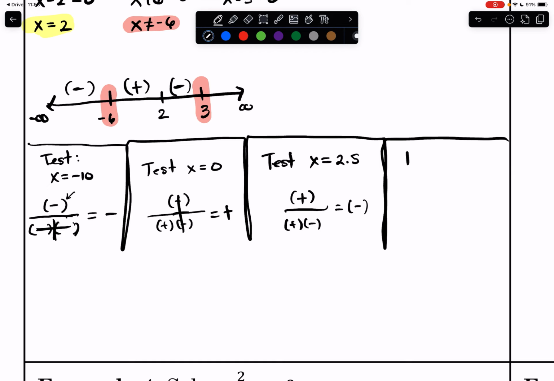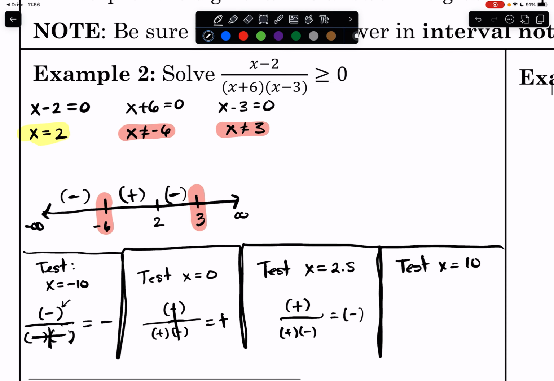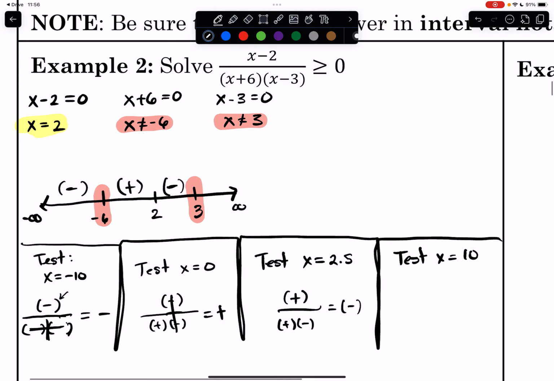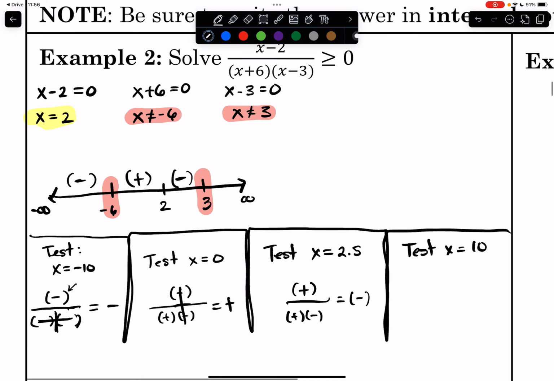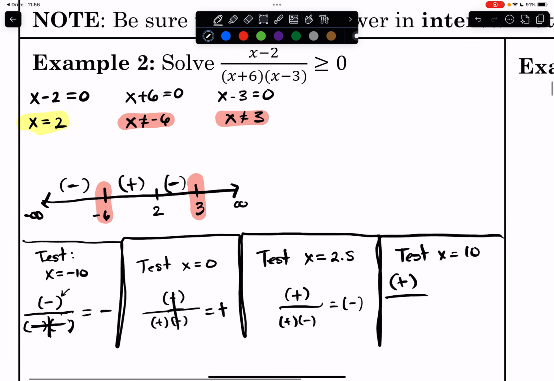Okay, so now let's test positive 10. So if I plug in 10 minus 2, that's positive. In the bottom, it'll be 10 plus 6, which is positive, and 10 minus 3 is going to be positive. No negative signs here, so everything is positive.